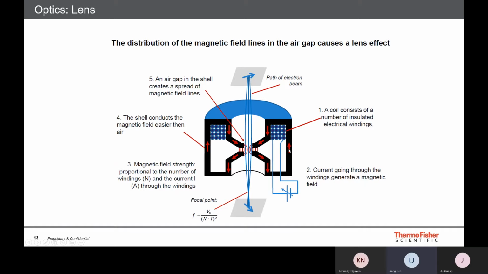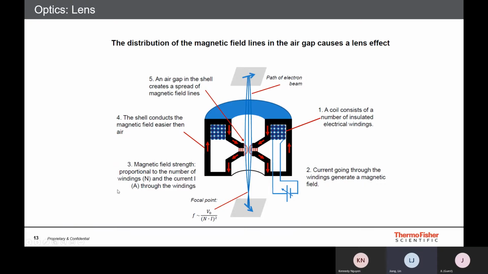We use this lens to generate a very strong magnetic field to condense the beam. So basically, we transfer the current to the magnetic field. We have a lot of what is called winding, a lot of winding and a lot of current. The current goes through this winding and generates the magnetic field.